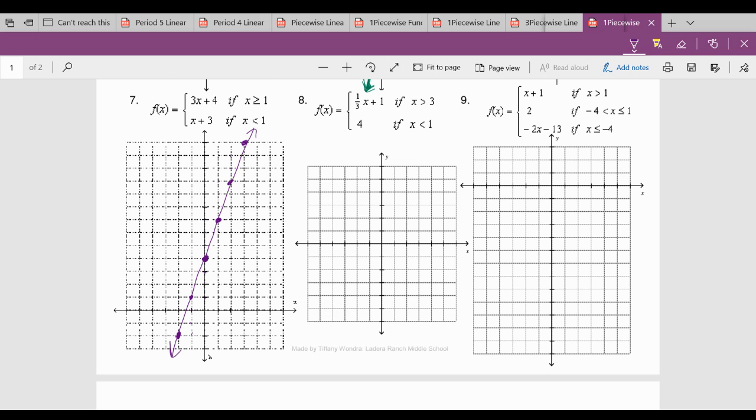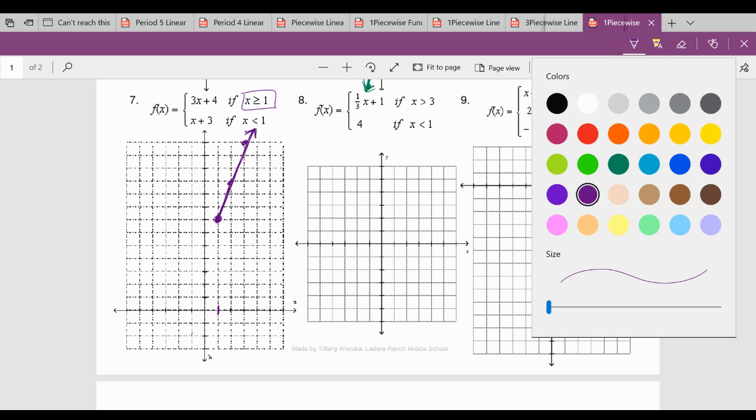Okay? So that's my line, and then the domain is when x is greater than or equal to 1. Here's 1. So greater than or equal to is going to be this part right here. It's or equal to, so that's a closed circle. Okay, and then everything below I can get rid of.